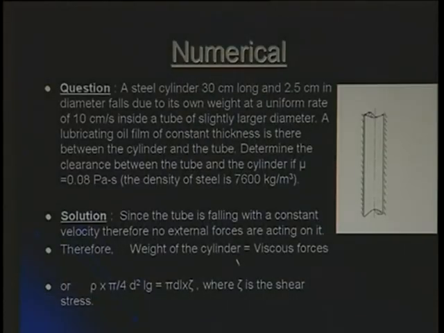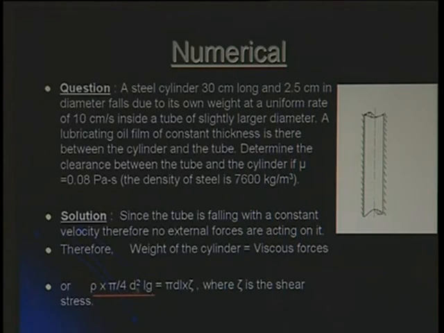So after explaining, it is again written here what I have just explained to you, that this is the way to calculate the force: pi by 4 d square, that is pi r square, times L into G into rho.